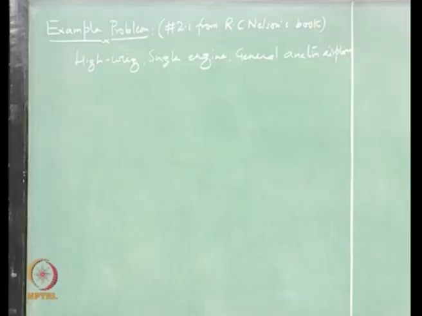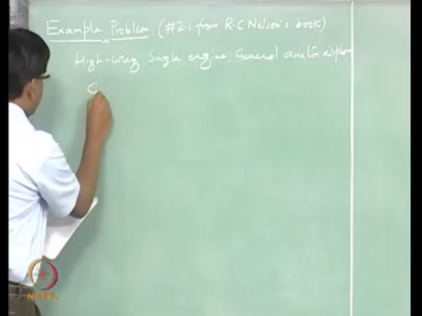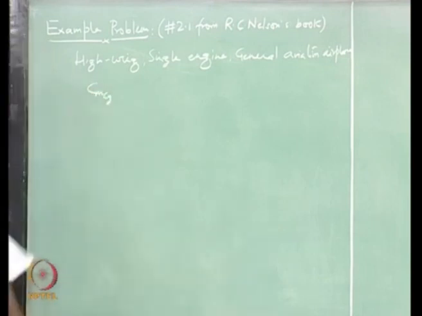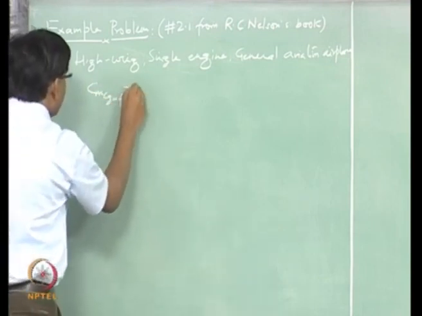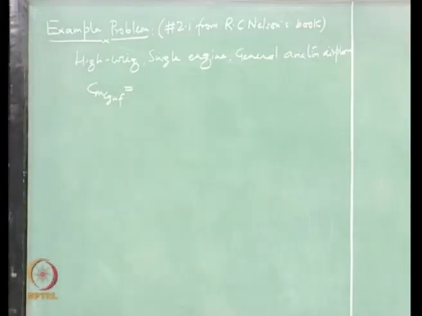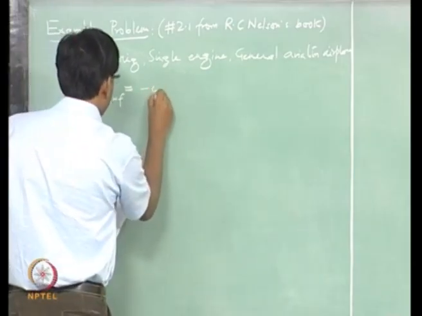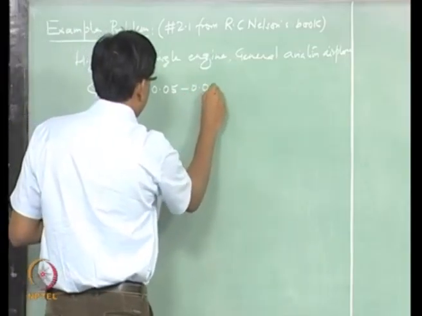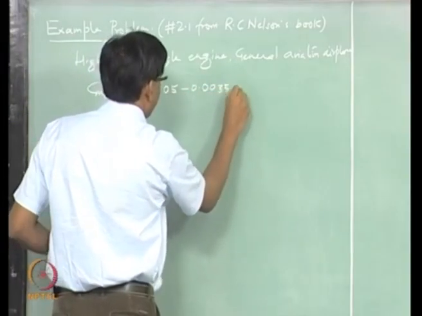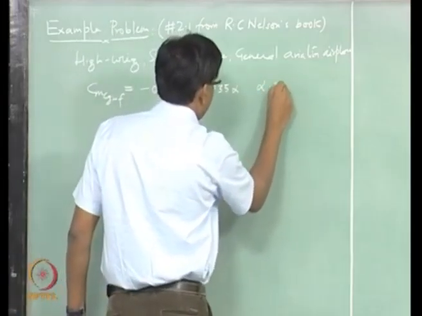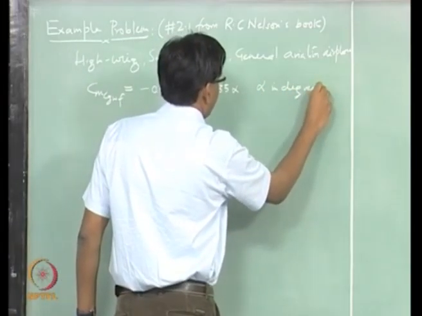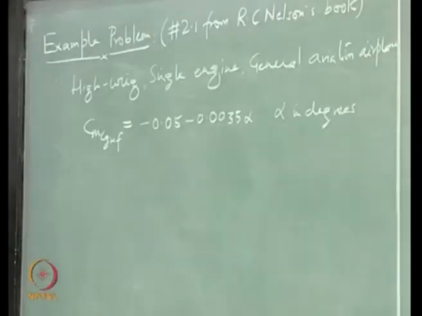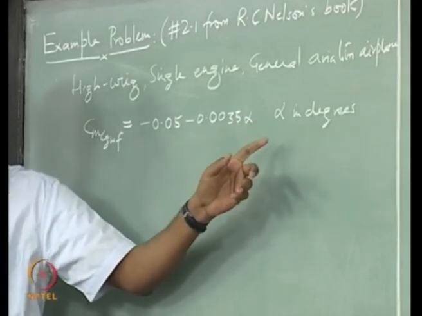Okay. What we have been given is CmCG for the wing fuselage combination, okay, and that is this, where alpha is alpha FRL, okay.